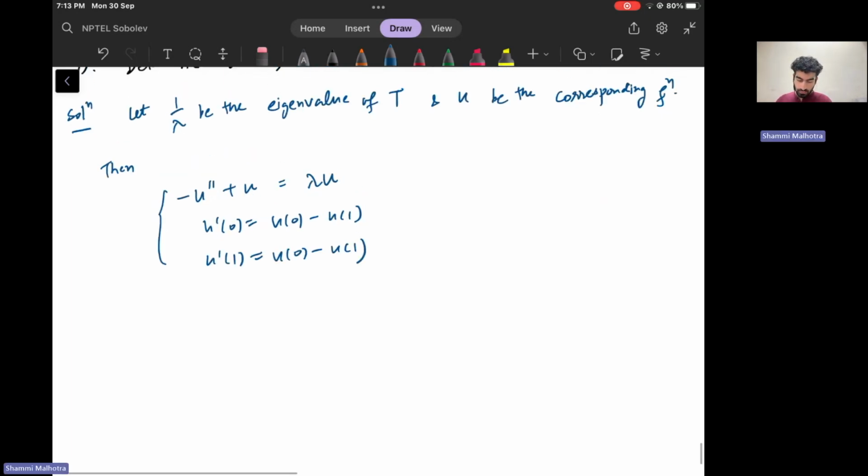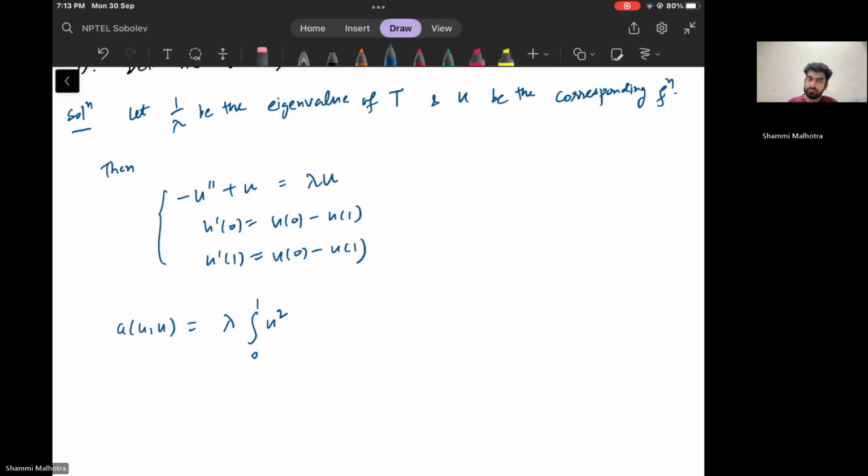So first of all, we can see that if I consider a(u, u), it's like integrating by multiplying with u. Ultimately, since the boundary condition will vanish, we have nothing but lambda times the integral from 0 to 1 of u square.